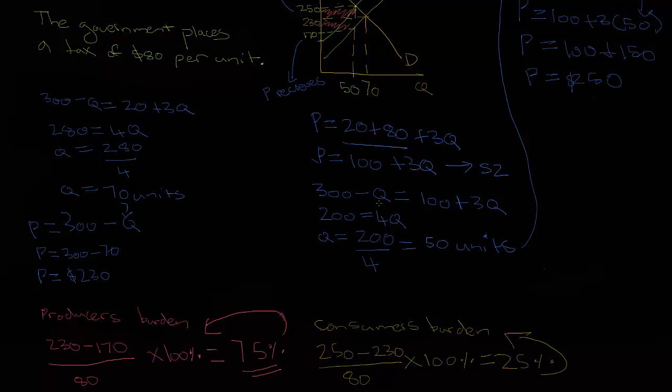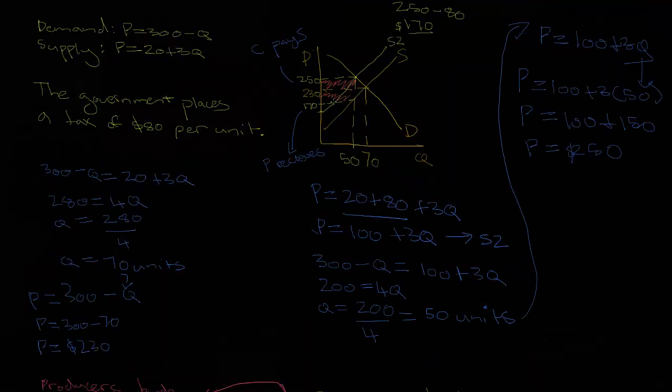So now the final thing to do is find the deadweight loss. Going back up here, the deadweight loss is this triangle here, that I've shaded in.